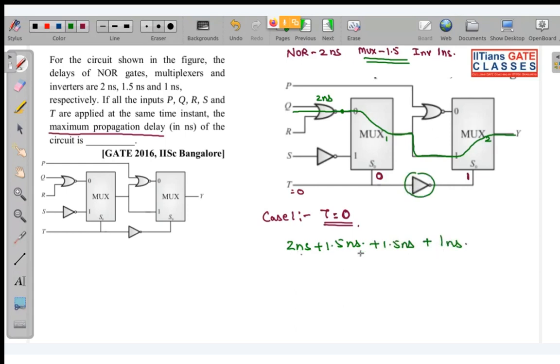So this will be 2, 3, 5, sorry, 6 nanoseconds. Is this okay with everyone? Tell me if this is clear or not.